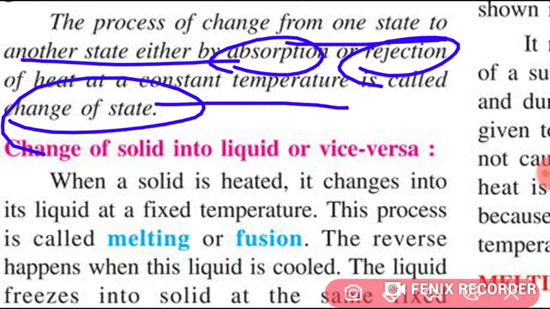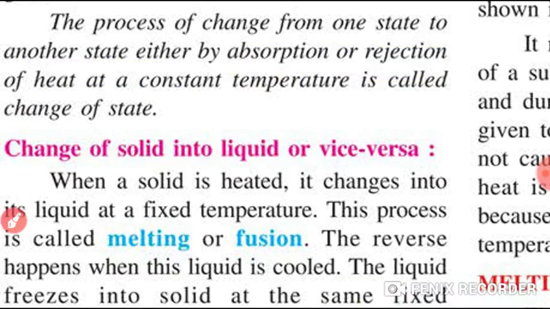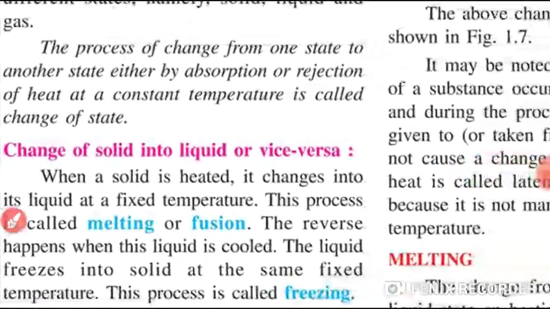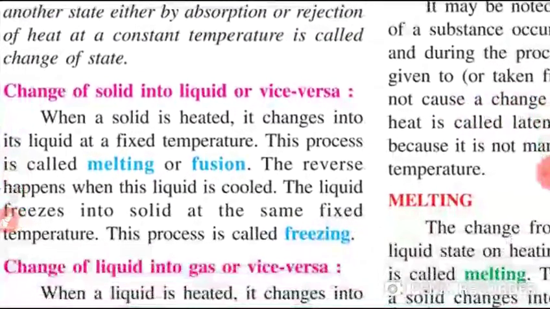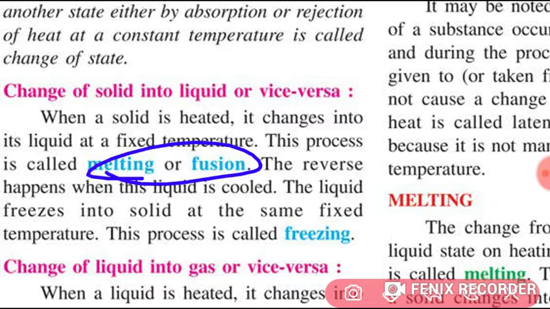Change of state. First of all we will study the change of solid into liquid, and vice versa also. When a solid is heated, it changes into what? Liquid at a fixed temperature. What is that process called? This process is called melting, or we can say fusion.